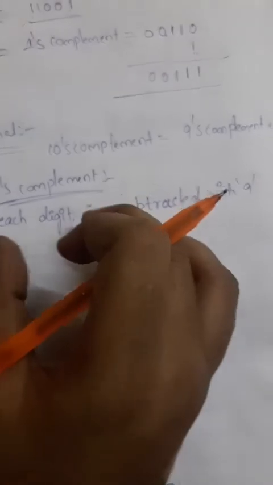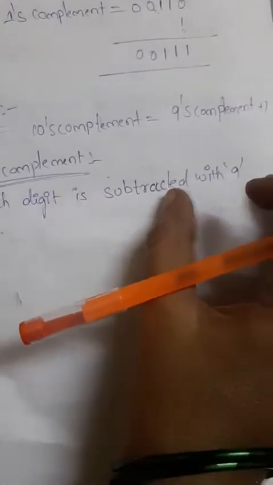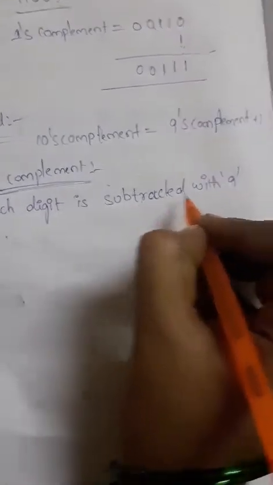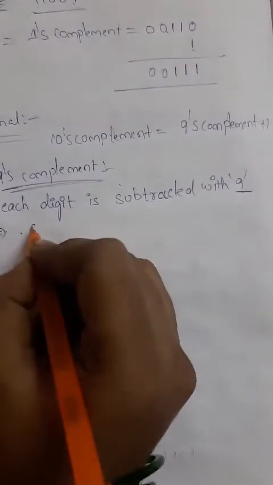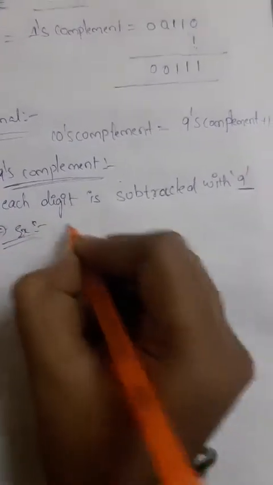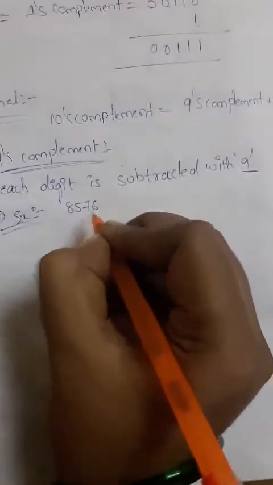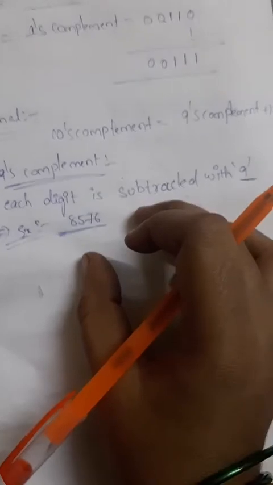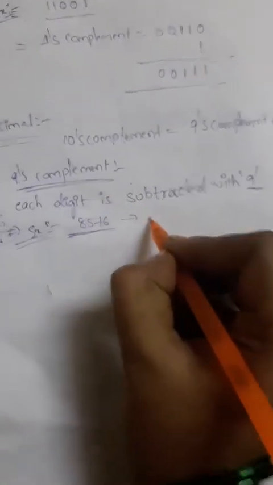The 9's complement of a number is calculated by subtracting each digit of the number from 9. That is the point. For example, suppose we have the number 8576, and we want to find the 9's complement of this number.